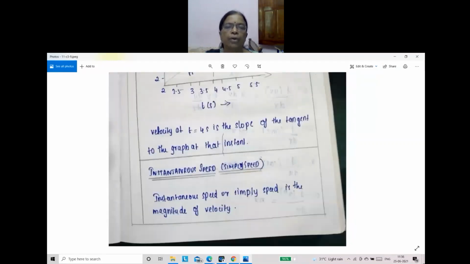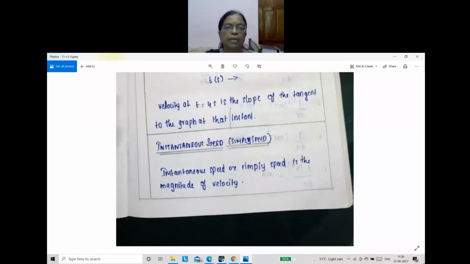Instantaneous speed. Instantaneous speed is the magnitude of instantaneous velocity. Speed is the magnitude of velocity. See, velocity has magnitude and direction. If you take the magnitude only, we get speed.